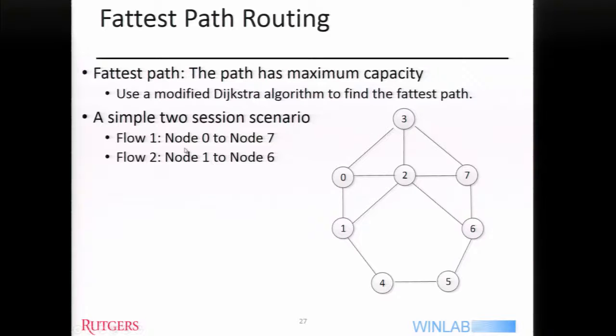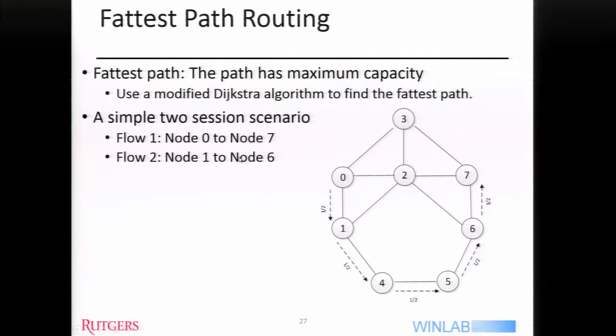The first flow is from node 0 to node 7. In that case, if all the paths at that time are the fattest path, no matter which, because there's no traffic in the network. For example, in one scenario, this node may choose this really long one because it only knows it wants to choose the fattest one.